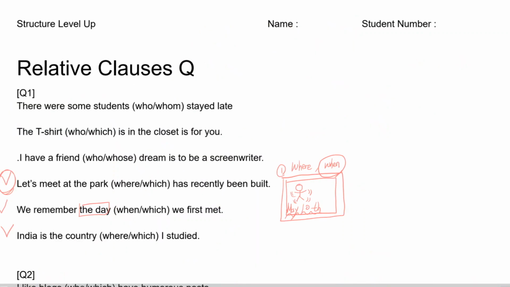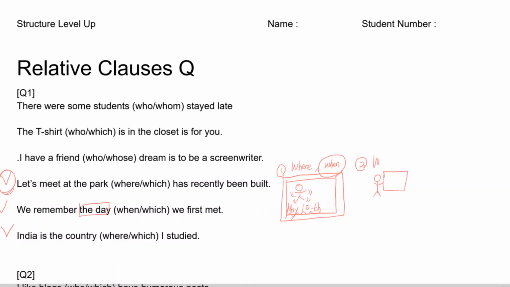And if it is which, it could be type 2 or 3, but in this sentence, it should be 2 if it is which. So if it is 2, the picture that should come into your mind should look like this.